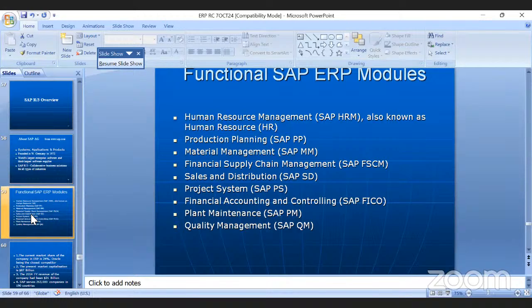TQM is managing quality from the smaller level, from the input to the output, from the resources to the finished goods. Take McDonald's, which makes finger chips from potatoes.